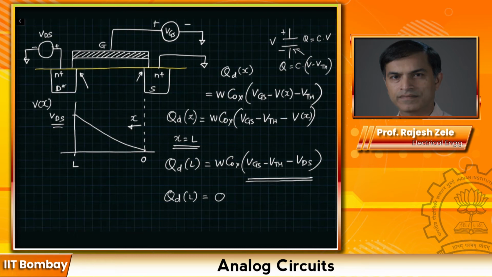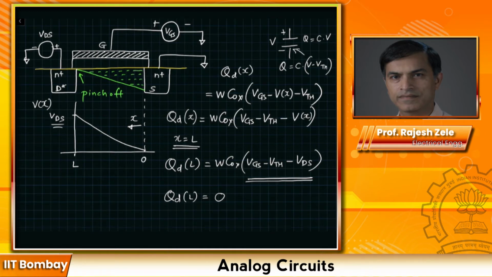Now we can draw it on our cross section here. It would look like this. So these are all electrons here. So when VDS is equal to VGS minus VT, then the channel charge at this point has gone to 0. What does that really mean? This point is called the pinch-off point.